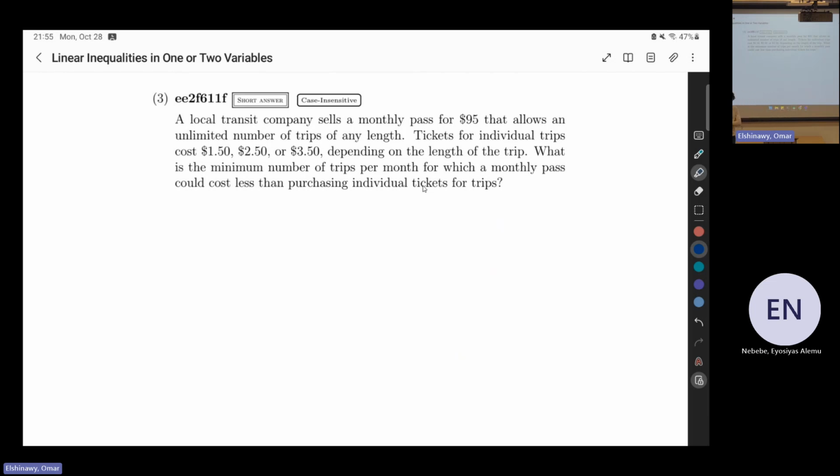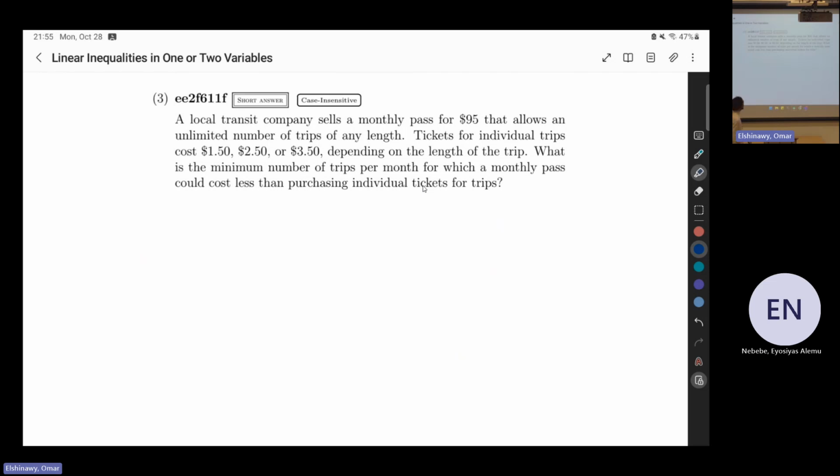So the idea here is to find out when it would be more efficient to buy a monthly pass, rather than buying a ticket every single time. So how many trips before I say, okay, I actually need to buy the monthly ticket because it would save me much more money, or at least it would save me this amount of money.